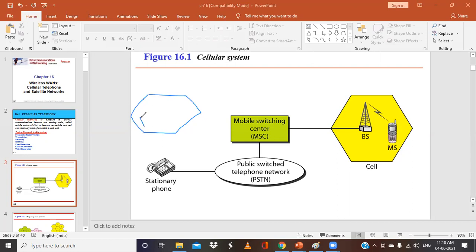The base station is always placed at the center of the cell, so that it can cover the region and the signals are transmitted in a circular fashion. This can be an MS, the mobile station, and this the base station.